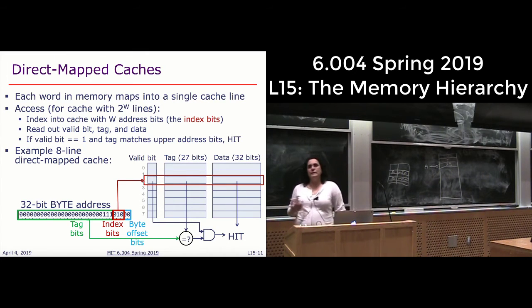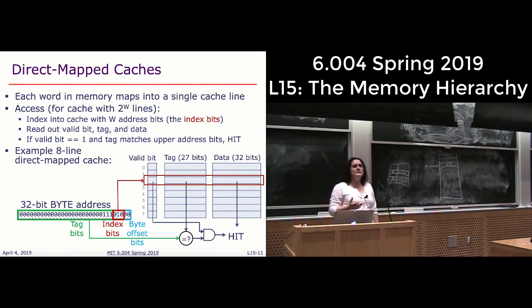In order to index 8 lines, I need 3 bits to select one of those lines. So I'm going to use 3 bits of my address to say which one of the lines in my cache is the one where this address is going to be stored. If I look at the details of how this address gets split up, the bottom 2 bits are always 0, 0.